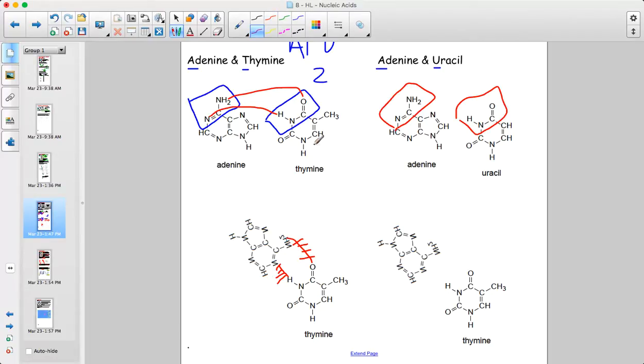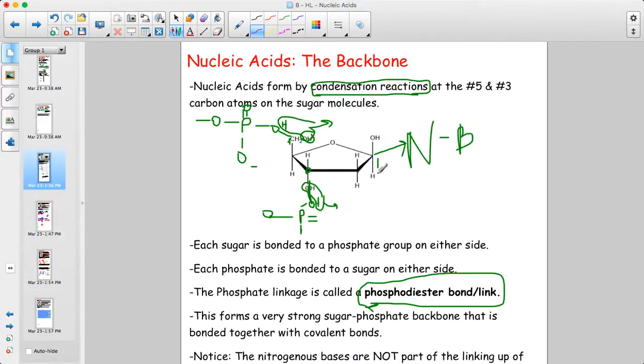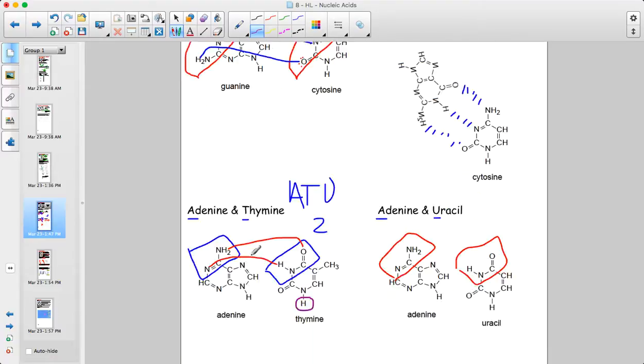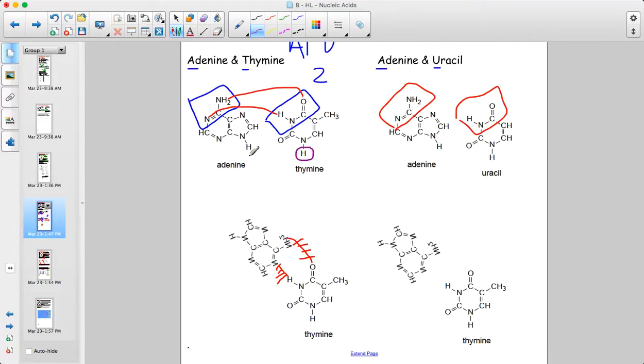So you've got the sugar here, it's this OH group that's going to condense with the nitrogenous base. So you need one more H to form that water molecule. And so the H's that are going to condense are these H's at the bottom here.